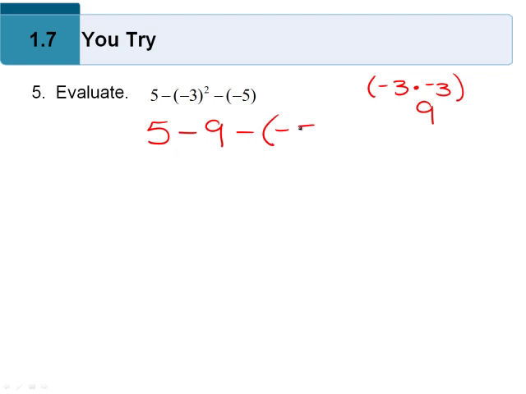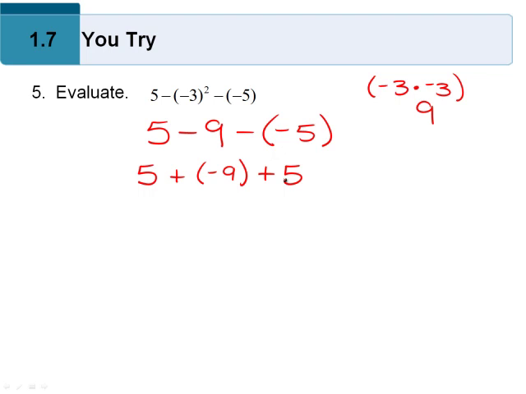Minus negative 5. Okay? So what we have left is subtraction all the way through. So I'm going to do keep, change, opposite twice. So the 5 stays, we keep that the same. Change it to addition. The opposite of 9 would be negative 9. That's now the keep negative 9, change it to addition, and the opposite of negative 5 is positive 5.